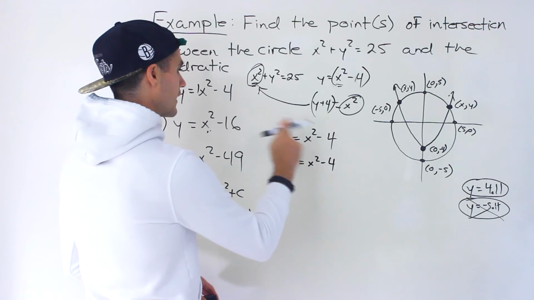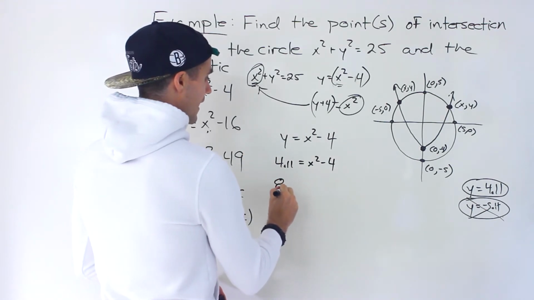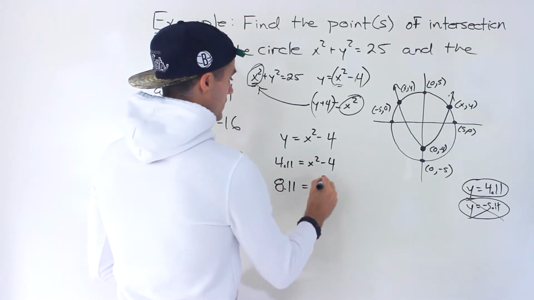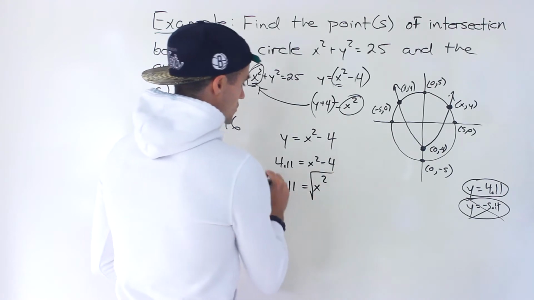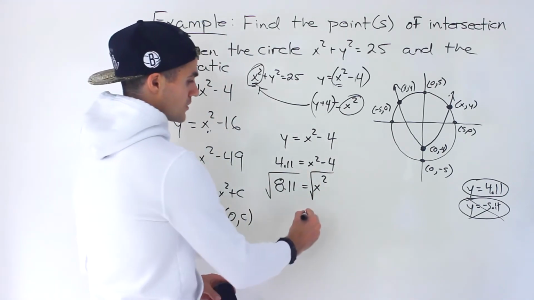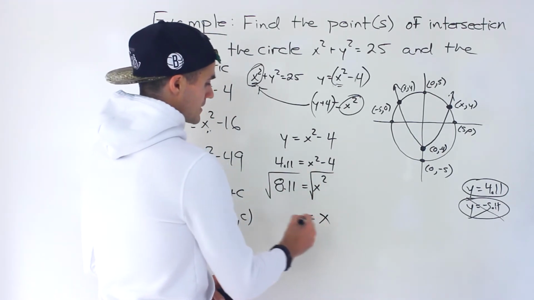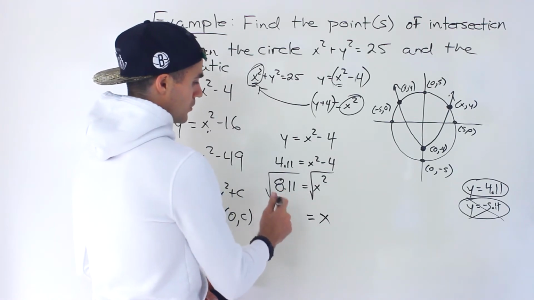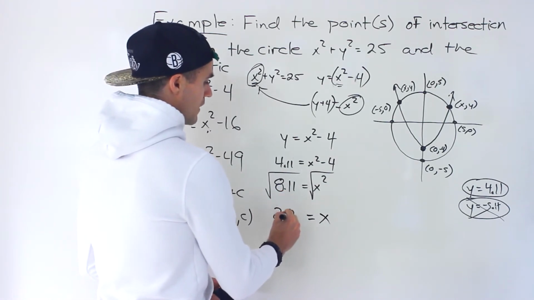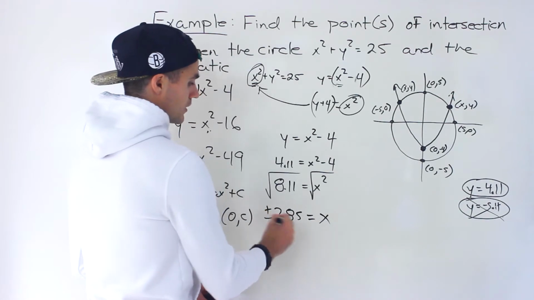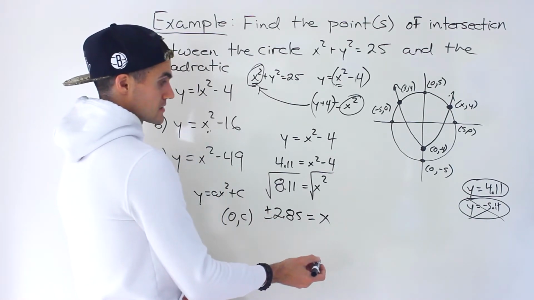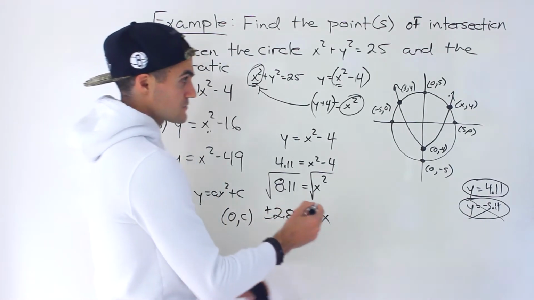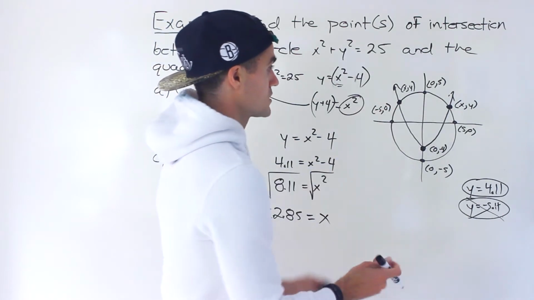Bring the negative 4 over, we would end up with 8.11 is equal to x squared, and then we would square root both sides. And notice that we'd end up with x equaling the square root of 8.11, which is approximately 2.85. Now remember, a square root could be plus or minus. And that makes sense that we're getting two x values because there are 2 points here that we're looking at.